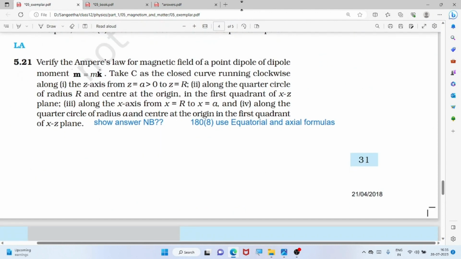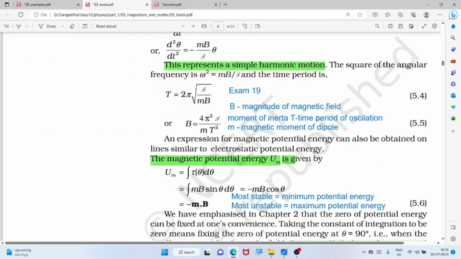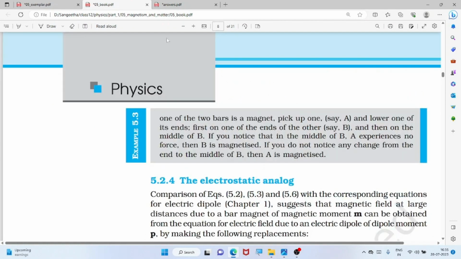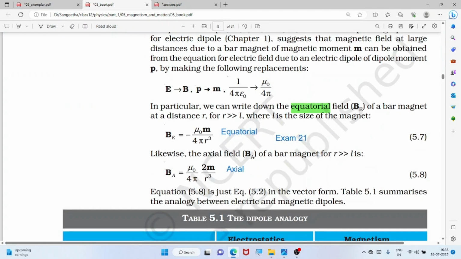Okay, verify that the magnetic field of a point dipole of moment m takes the closed curve running clockwise. Here, as I already showed you, there is a different formula for the axial magnetic field and the equatorial magnetic field. This is for the equatorial one, this is the axial one.